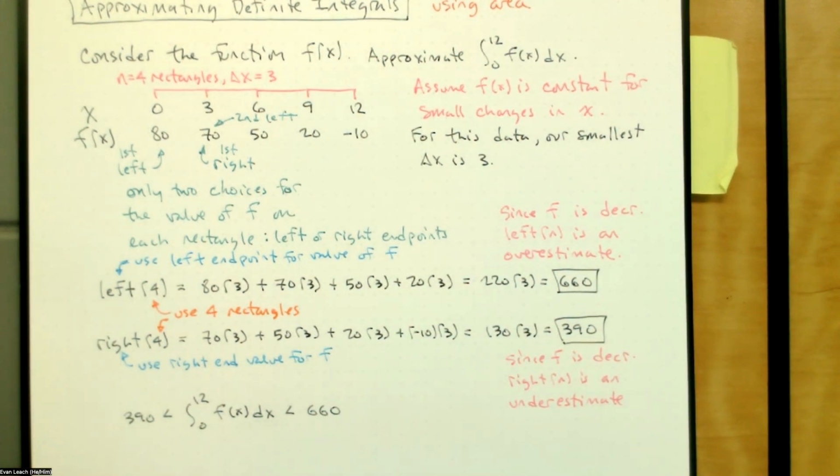It's a pretty wide range, but a pretty wide range is better than no range at all. I've got an overestimate and an underestimate. I've got a value that's supposed to be somewhere in the middle.